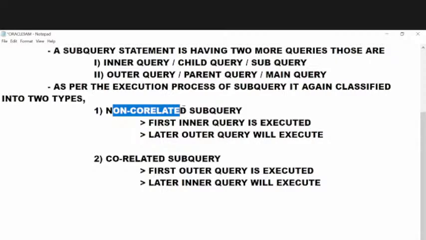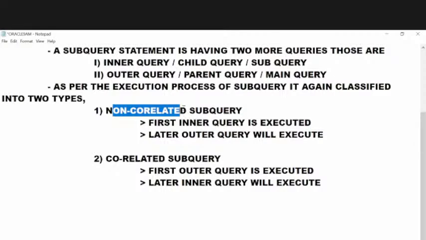That is one case. The second case: suppose your requirement is not fulfilled with the non-correlated method, there you can use correlated. Understand now? So there are two cases. One is when you are writing complex queries using non-correlated, to avoid that complexity you can prefer correlated.